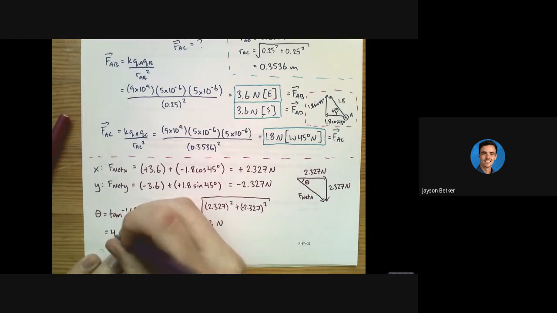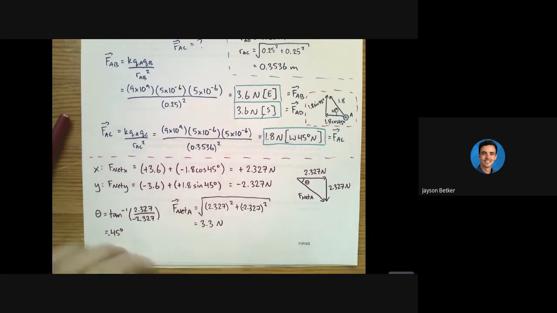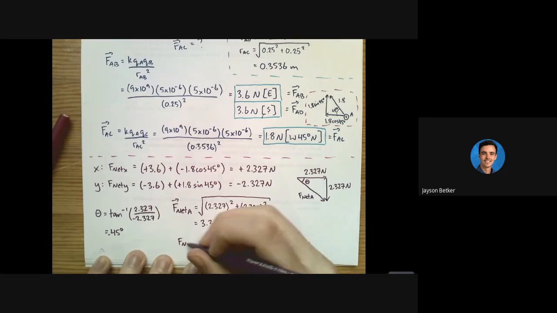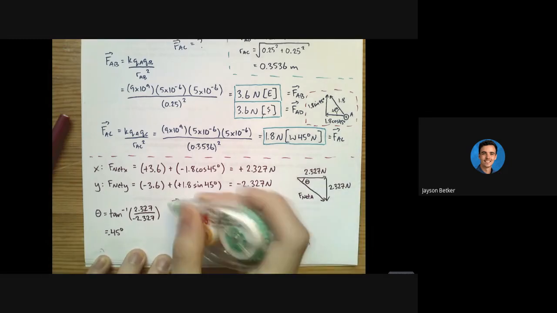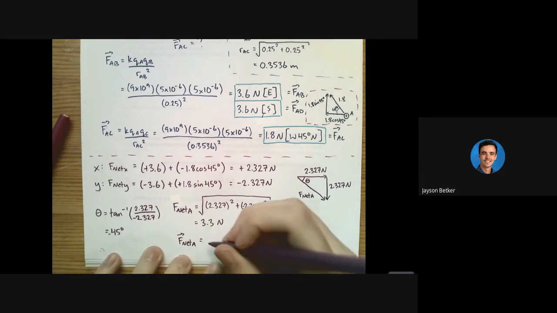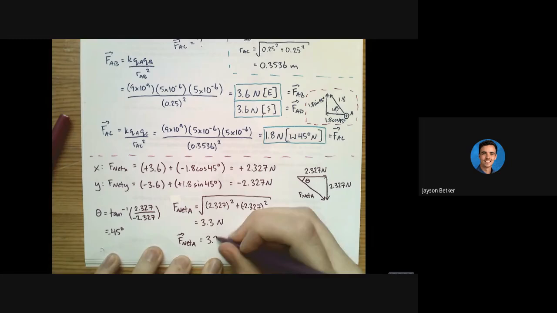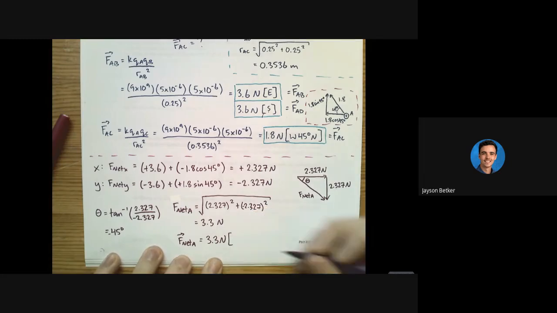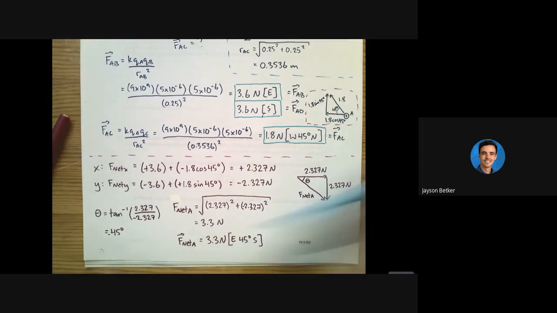So 45 degrees. Okay, so then our final answer, F net A. I guess I shouldn't have put my vector arrow up there. We're going to do the vector arrow here because now we have the direction. And after all that work it is 3.3 newtons east, 45 degrees south.